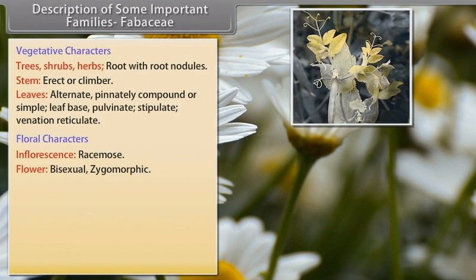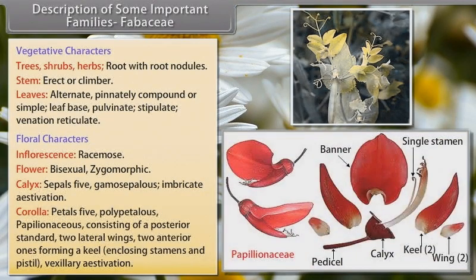Flower bisexual, zygomorphic. Calyx: sepals 5, gamosepalous, imbricate aestivation. Corolla: petals 5, polypetalous, papilionaceous, consisting of a posterior standard, 2 lateral wings, 2 anterior ones forming a keel, enclosing stamens and pistil, vexillary aestivation.